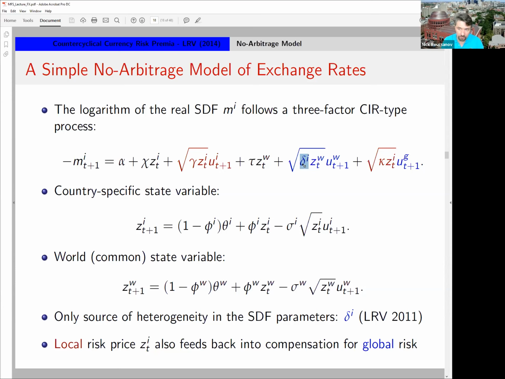So that's why we need this heterogeneity in the exposures to this first global shock. But that heterogeneity can be permanent or very highly persistent. And how to think of this W shock? Well, Adrien showed evidence on global volatility, for example, that's very much consistent with that.